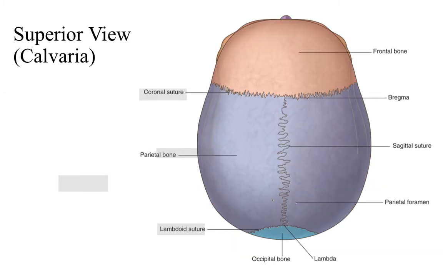All right, going back to the calvaria, making sure we know the bones. So here's our frontal, parietal, and occipital. And the sutures that are holding them together between the frontal and parietal bones would be called the coronal suture. Think of coronal sections. Between the parietal bones, you have the sagittal suture.